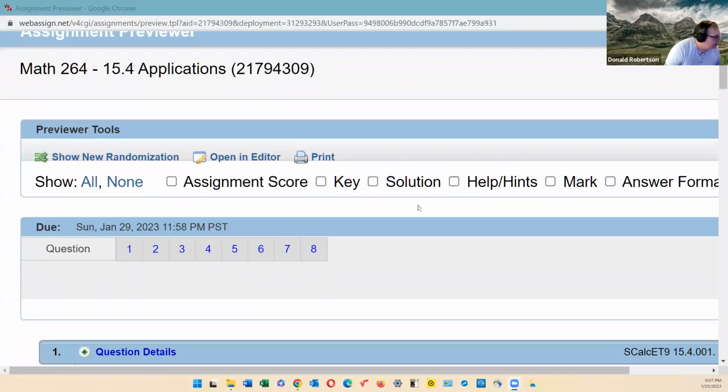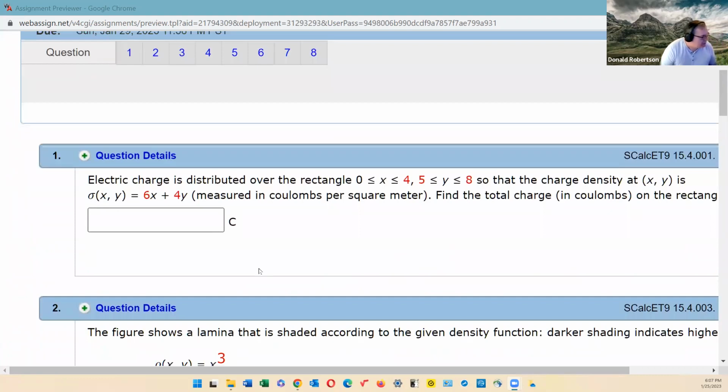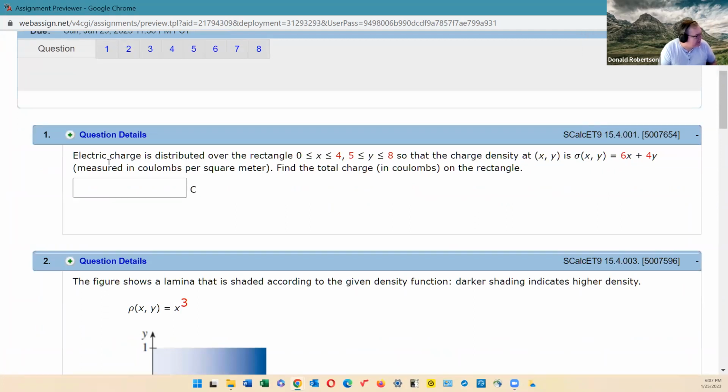Okay, so in the first question, which isn't a density function after all, the electric charge is distributed over a rectangle, and the x's go from 0 to 4 and the y's go from 5 to 8.